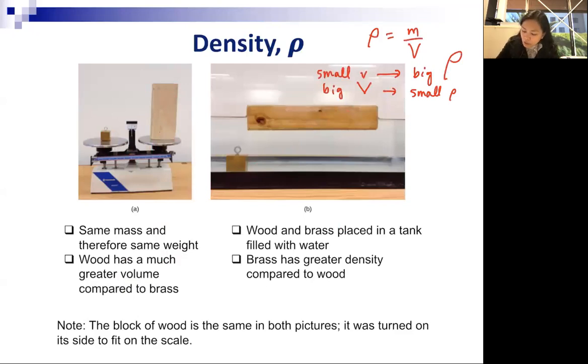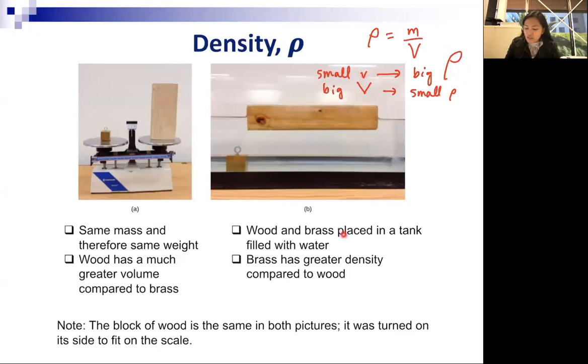So because the block of wood has a greater volume compared to the smaller cube of brass, the block of wood will have a smaller density. It has a smaller density even compared to the density of water, and that's why the block of wood floated. Whereas the brass had a small volume, and therefore it had a big density.